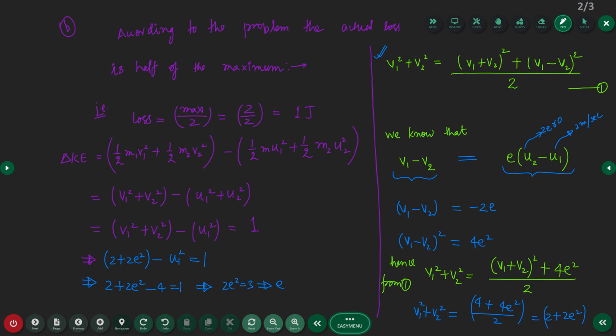Hence, we are getting e equals root 3 upon root 2. Is it the answer? Where are we making the mistake then? Just a second. I'm making some mistake here. Let me check.